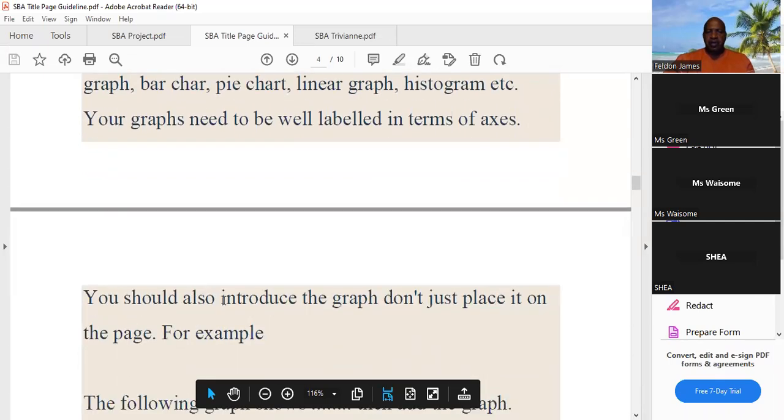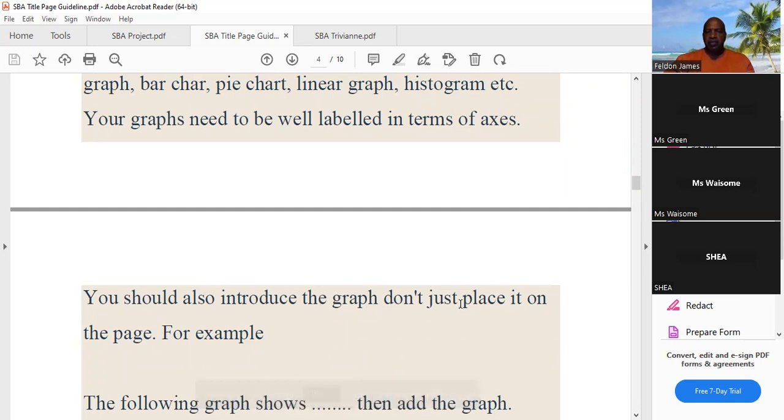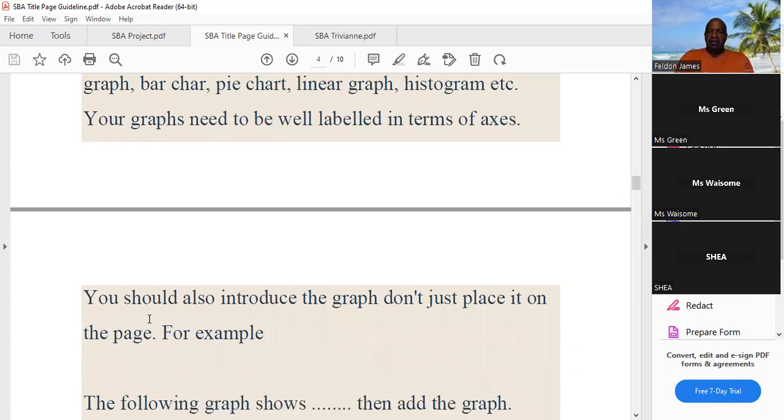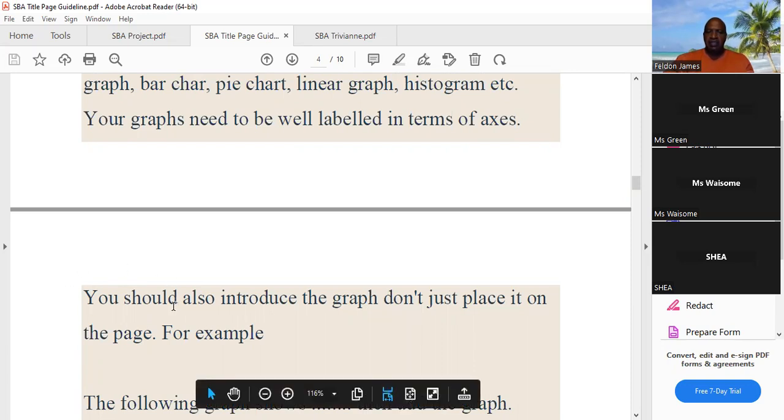All right, you should also introduce the graph. Don't just place it on the page and leave it like that. Every time you're putting in a chart, you do an introduction, and in your introduction, give an idea what the chart is about. What is the chart for?